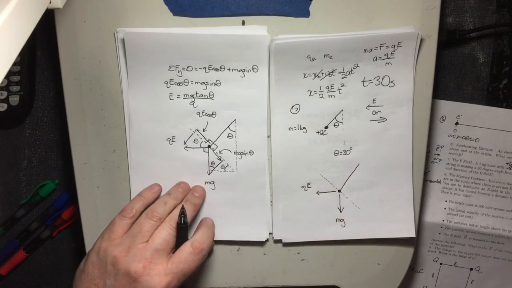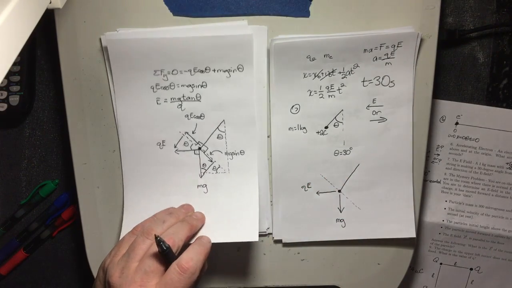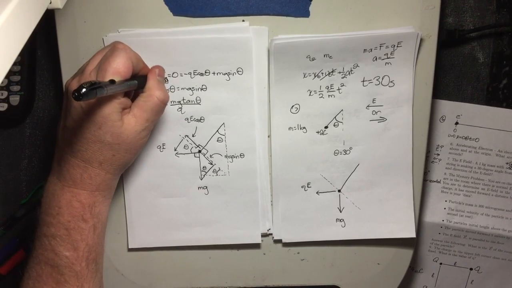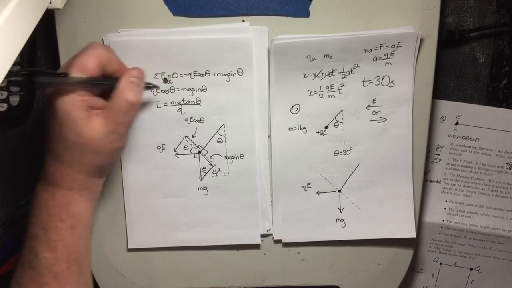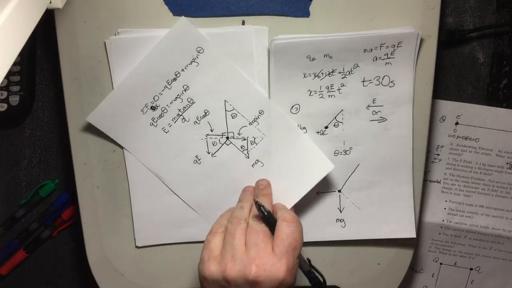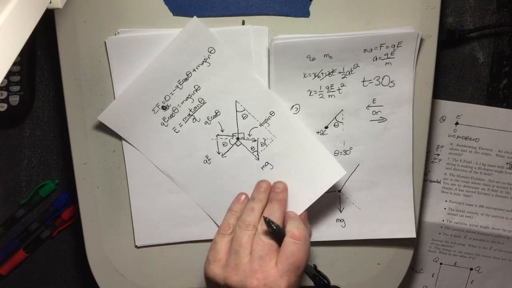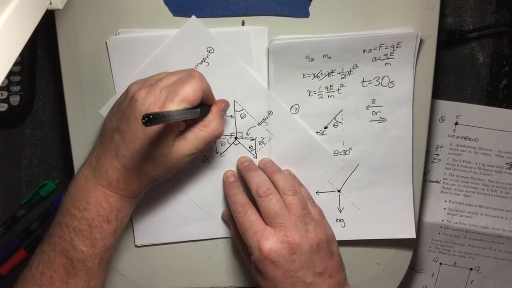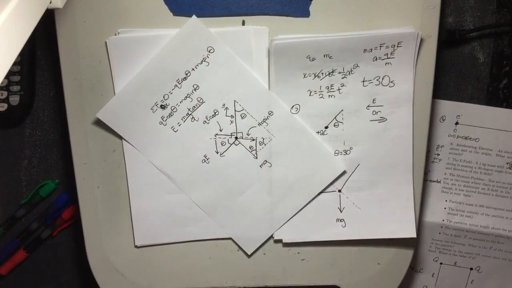Why is it the sum of the forces in y? Would it not be sum of the forces in x? Because I chose my axes weirdly. It should be force in x. Correct. Because when you rotate this, it's like that.